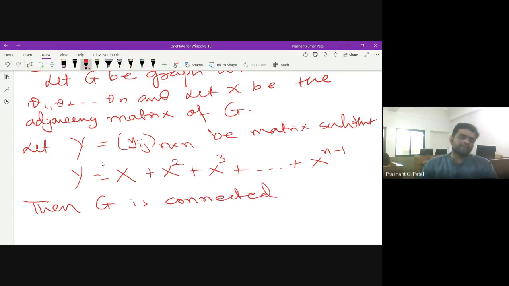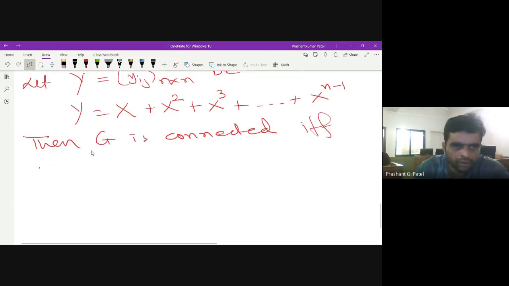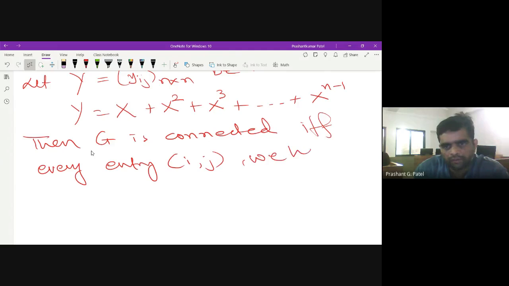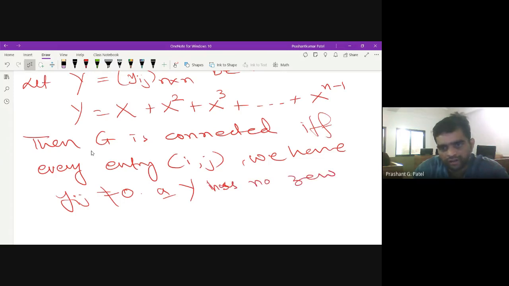Then G is connected if and only if every entry Yij is not equal to 0. That means Y has no zero entry, off the main diagonal.